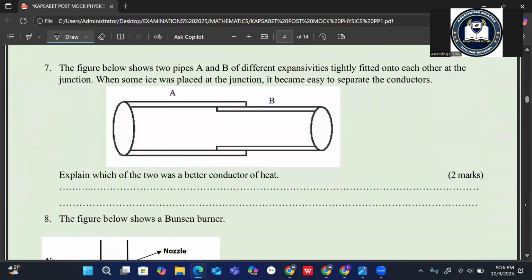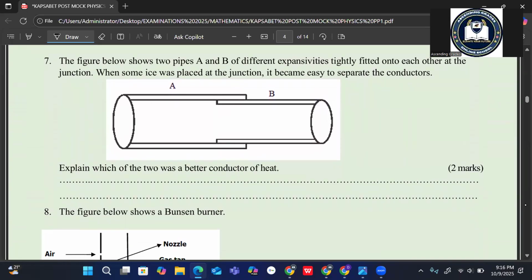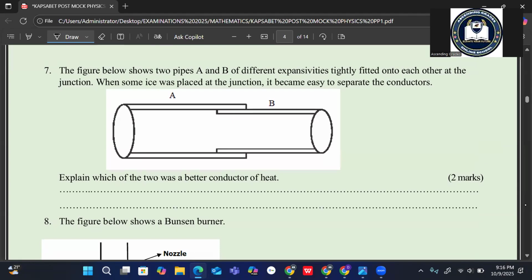We have question 7, which says that the figure below shows two pipes, A and B, of different expansivities fitted onto each other at the junction. When some ice was placed at the junction, it became easy to separate the conductors.